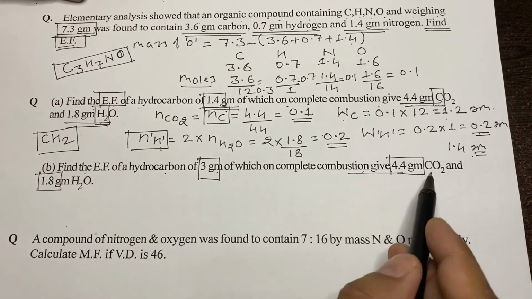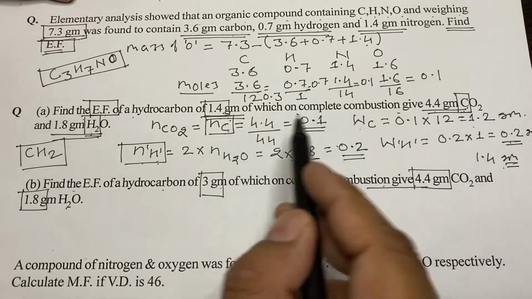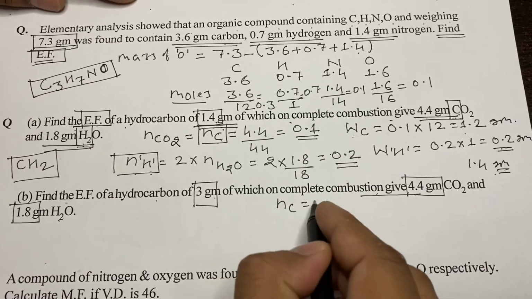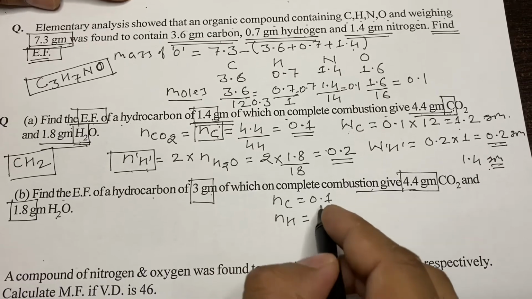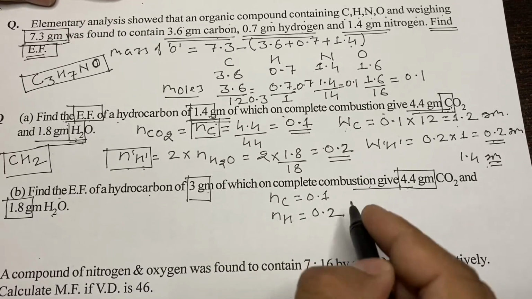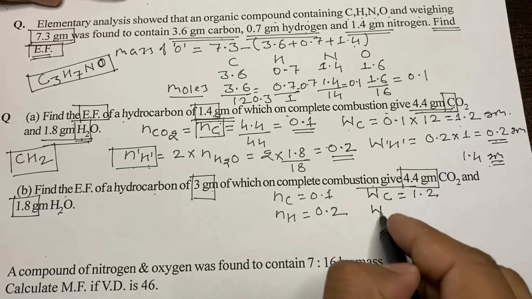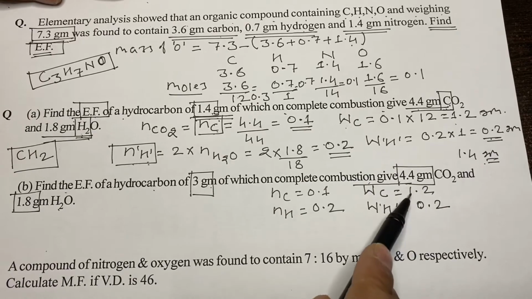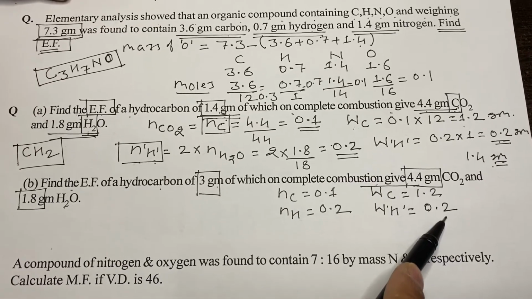So we can use the moles of carbon and moles of hydrogen as in the above data. Moles of carbon is 0.1 and moles of hydrogen is 0.2, so the mass of carbon is 1.2 and the mass of hydrogen is 0.2. When you add 1.2 and 0.2, it will be equal to 1.4 gram.